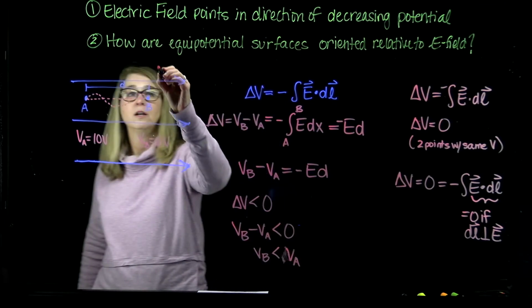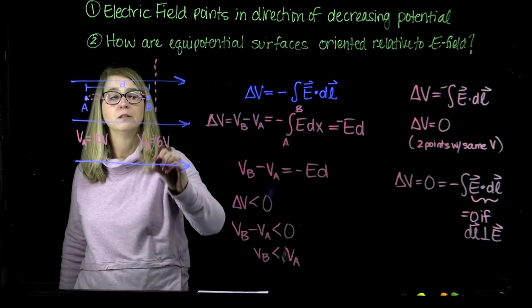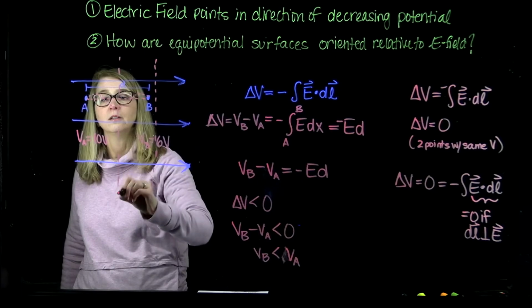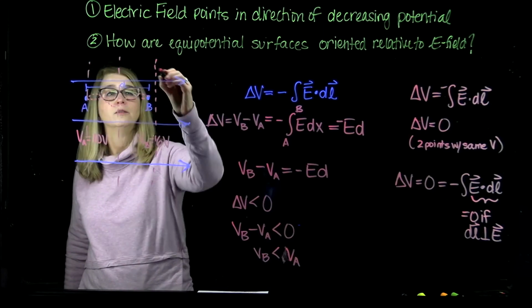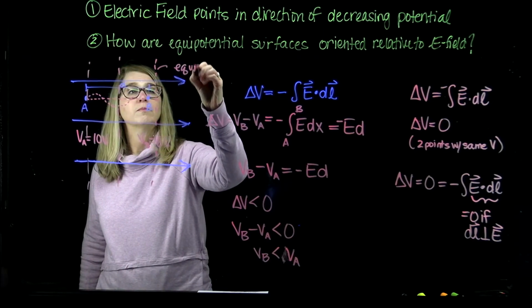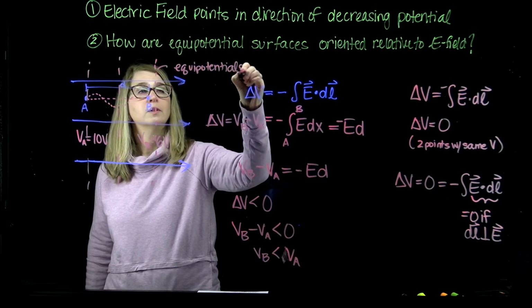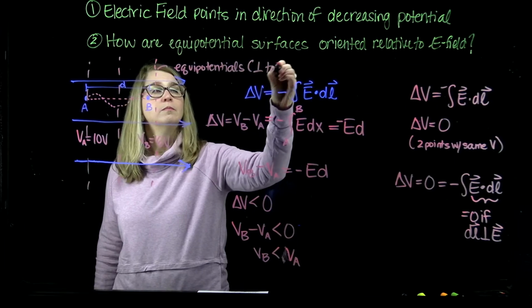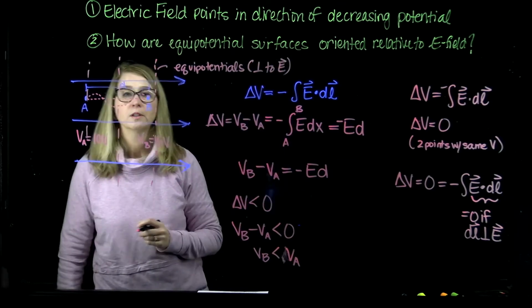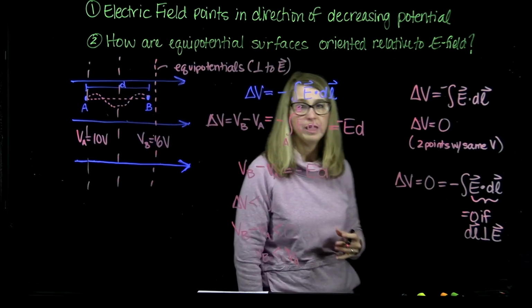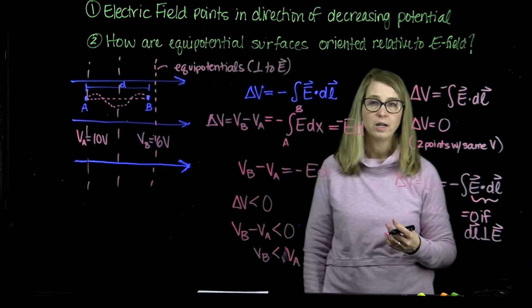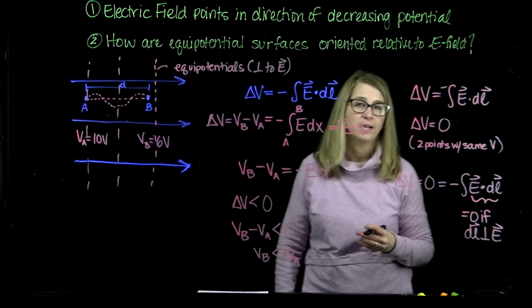And so I might draw those dotted pink lines that represent equipotential lines. That is, anywhere along that line has the same potential.